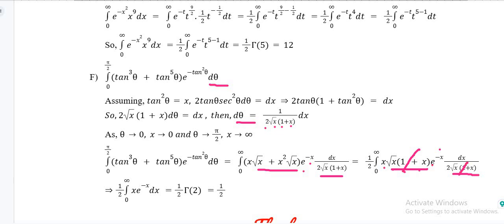What is left is the integration within the limit 0 to infinity of x e to the power minus x dx. Now this is x to the power 1, which is 2 minus 1, so this is gamma of 2. So half into gamma of 2, and gamma of 2 is equal to 1. So we have this result for this expression.